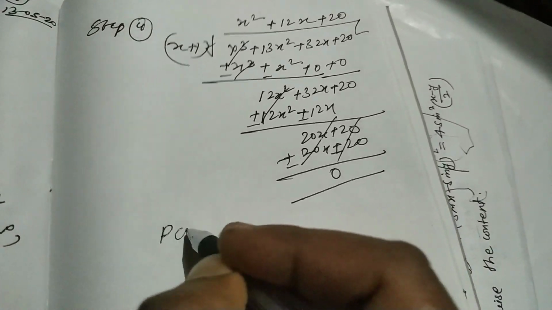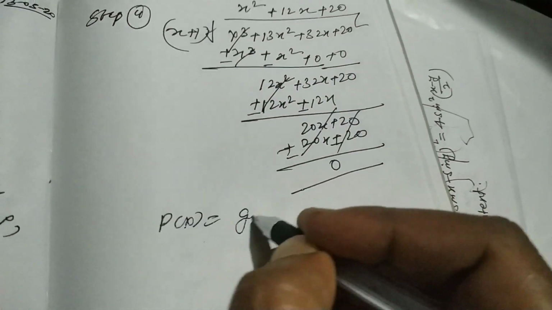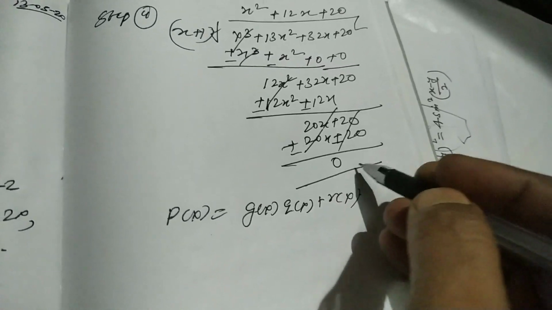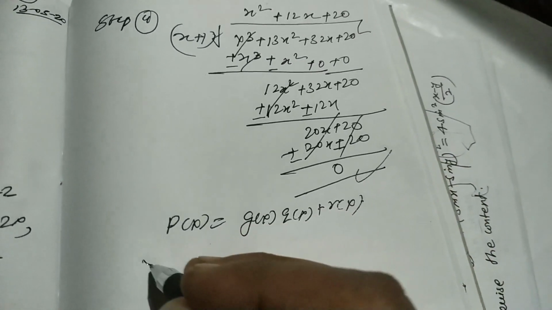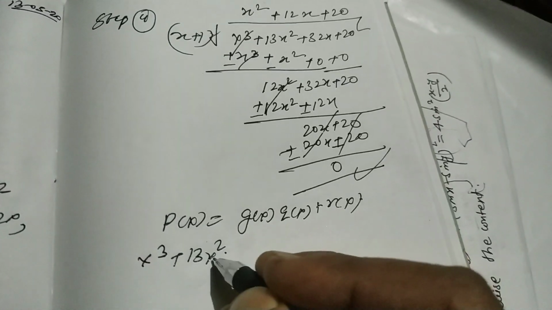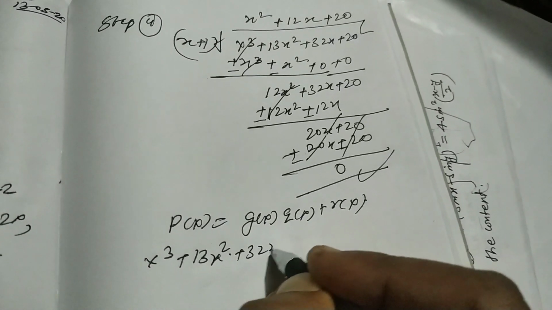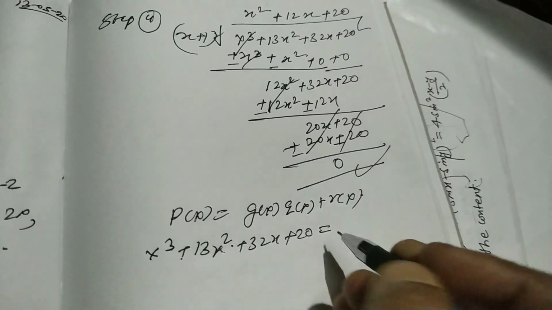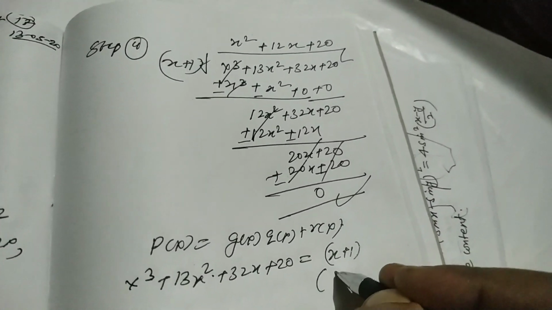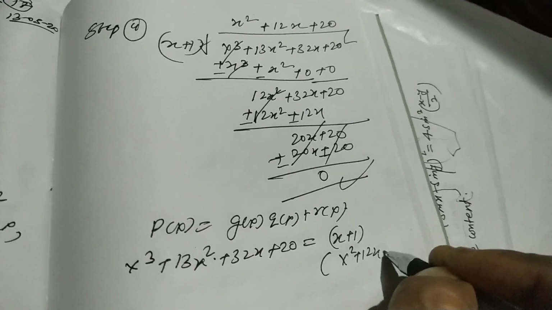So we know that p(x) is equal to g(x) into q(x) plus r(x), where r(x) is 0. So x cube plus 13x square plus 32x plus 20 is equal to g(x), which is x plus 1, times q(x), which is x square plus 12x plus 20.